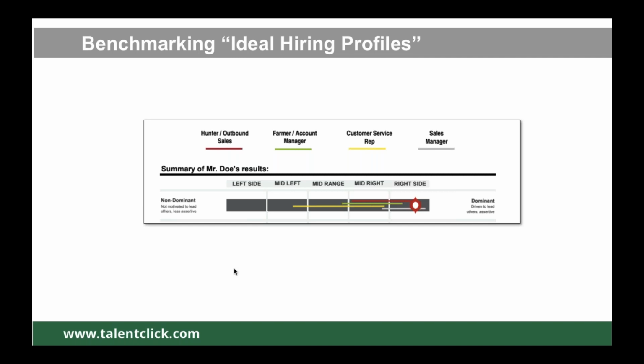Whereas the alternative individual, if you put them in a sales hunter role where they had to be highly aggressive and dominant, they would get uncomfortable with that and probably feel that imposter syndrome and get de-energized by it and quite anxious, and probably within 3 to 6 months you're going to notice that their performance is suffering.